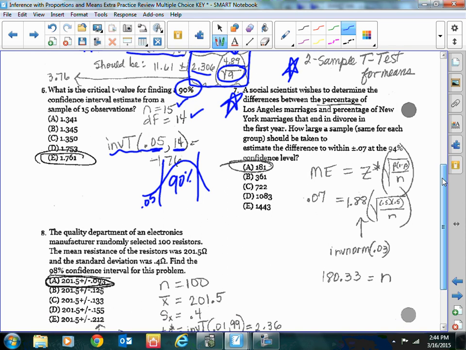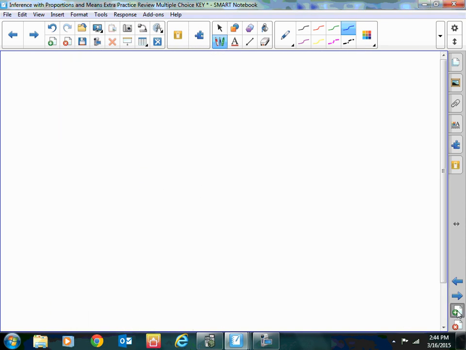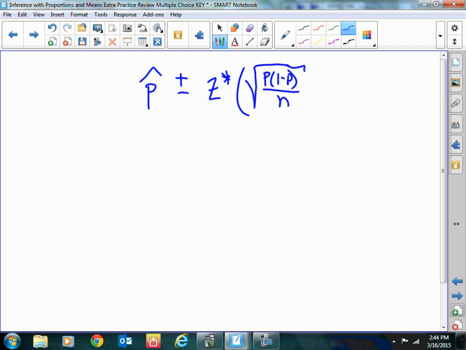Okay, so here we go. First of all, with number 7, you know that your interval is plus or minus critical value times this standard deviation. Now, here's my first question. What is the name of this component after the plus and the minus?